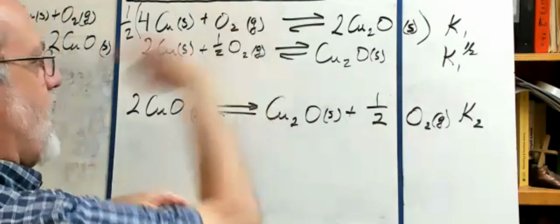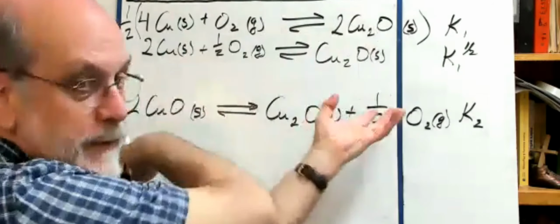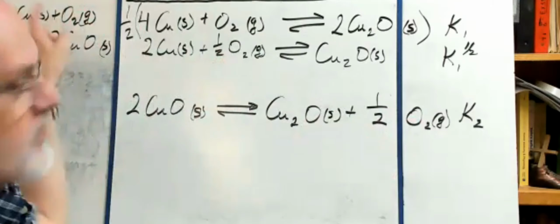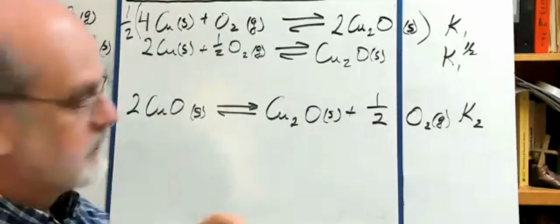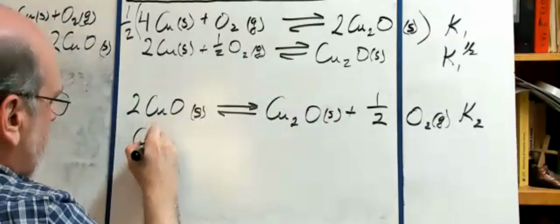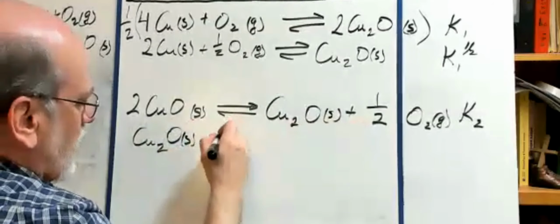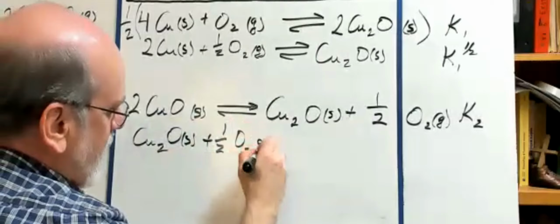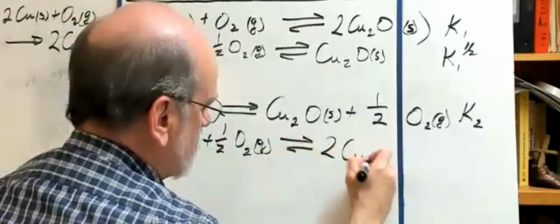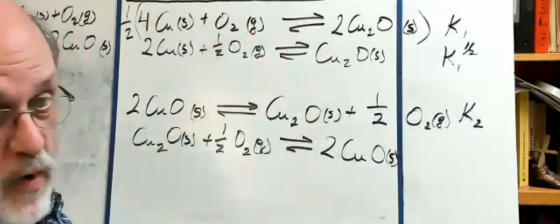But we need oxygen on this side, don't we? If we flip that equation around, that puts a 1/2 oxygen over here, plus a 1/2 oxygen gives us 1 oxygen. So if we invert the equation and say copper 2 oxide plus 1/2 oxygen gas yields 2 CuO solid. Okay, we just inverted the equation, right?